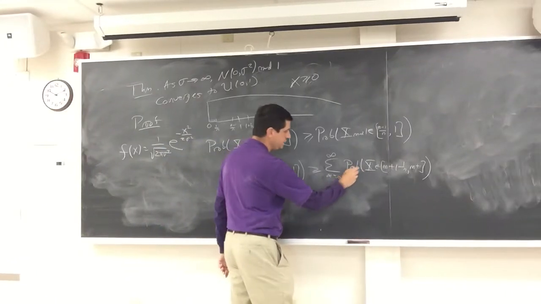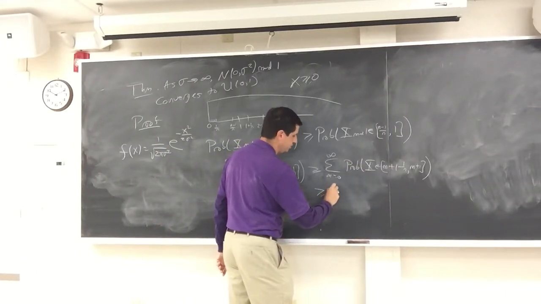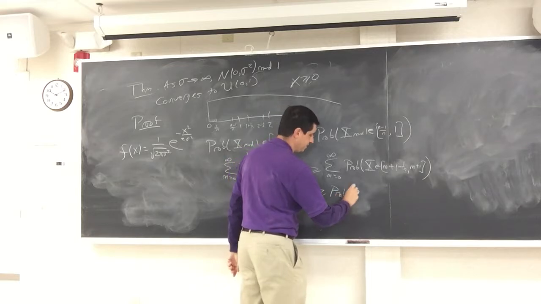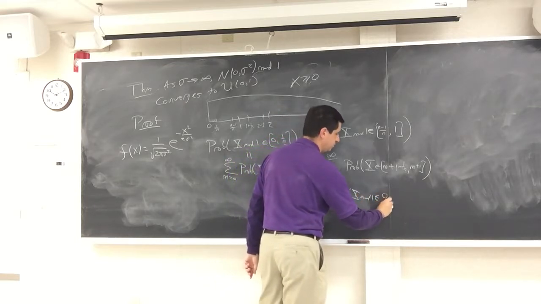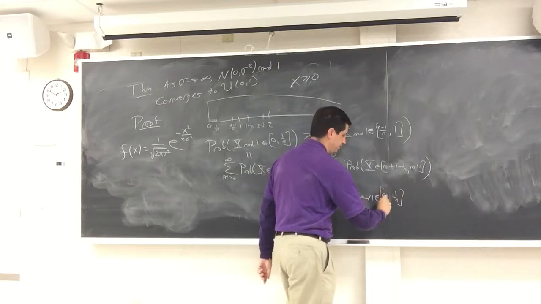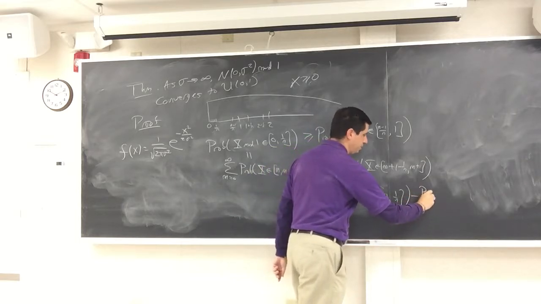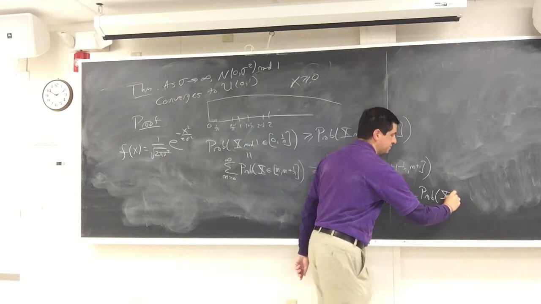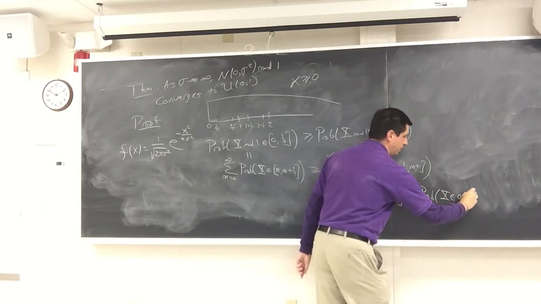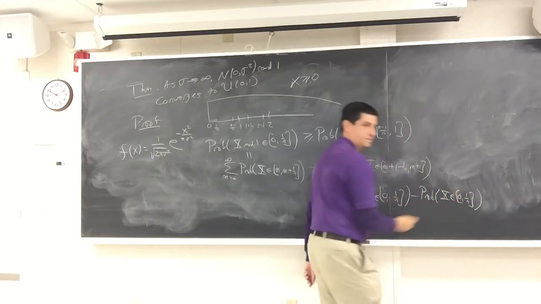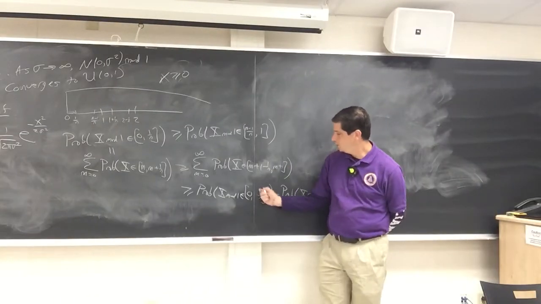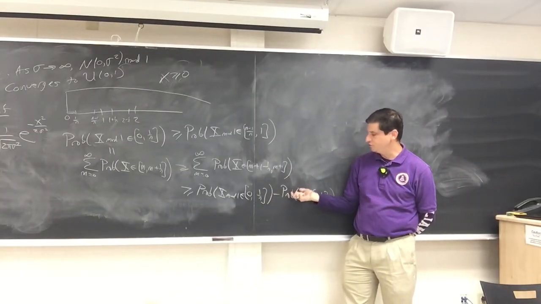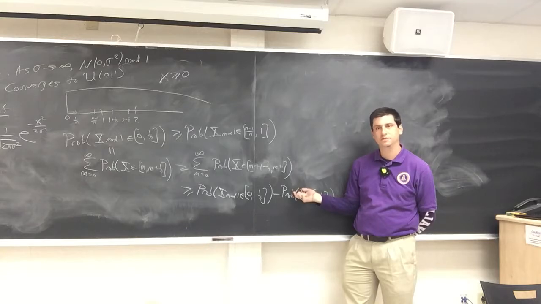So this is greater than or equal to the probability that x mod 1 is in 0, 1 over n, minus the probability that x is in 0, 1 over n. All I had to do was subtract off that one extra block.